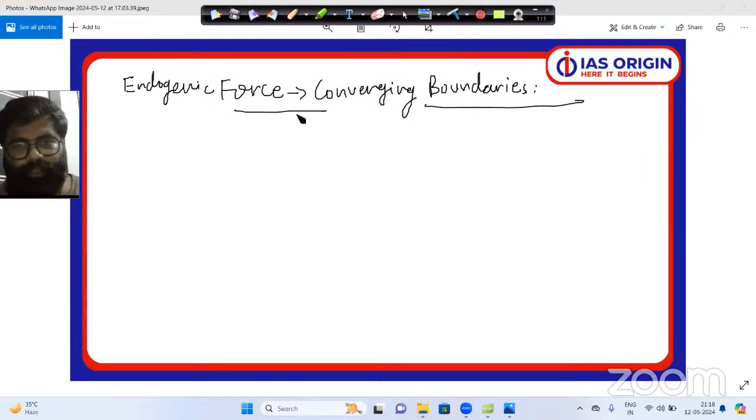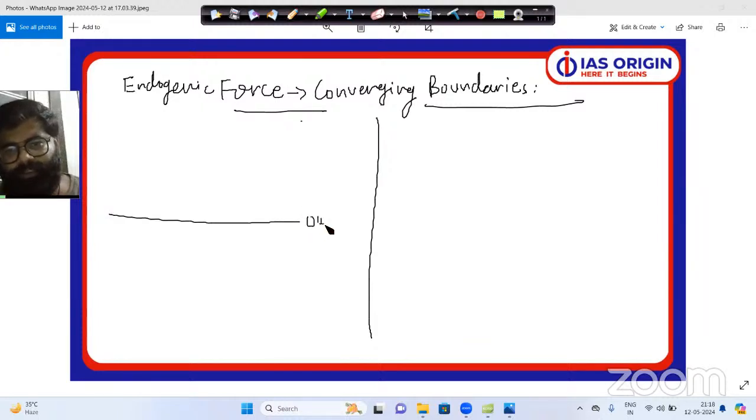Now, in converging boundaries, let's imagine one thing here, that this is your 0 kilometer, or this is basically your mean sea level. Where we are sitting or standing right now, that is our land surface. That is what we call mean sea level or MSL or 0 kilometer or earth surface.